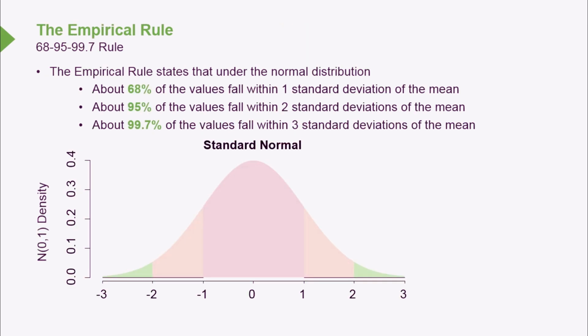Under the normal distribution, we have a useful rule. It's called the empirical rule, or also known as the 68, 95, 99.7 rule. And what this states is that under the normal distribution, about 68% of the values fall between -1 and 1 standard deviations from the mean. About 95% of values fall within 2 standard deviations of the mean, and about 99.7% of values fall within 3 standard deviations of the mean.